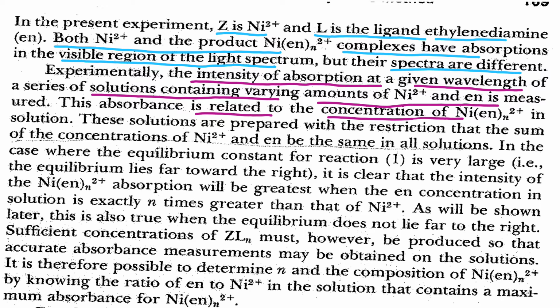In this experiment, Z is a symbol used for nickel 2 plus, and L is the symbol used for the ligand ethylene diamine, and ZLn is the complex.